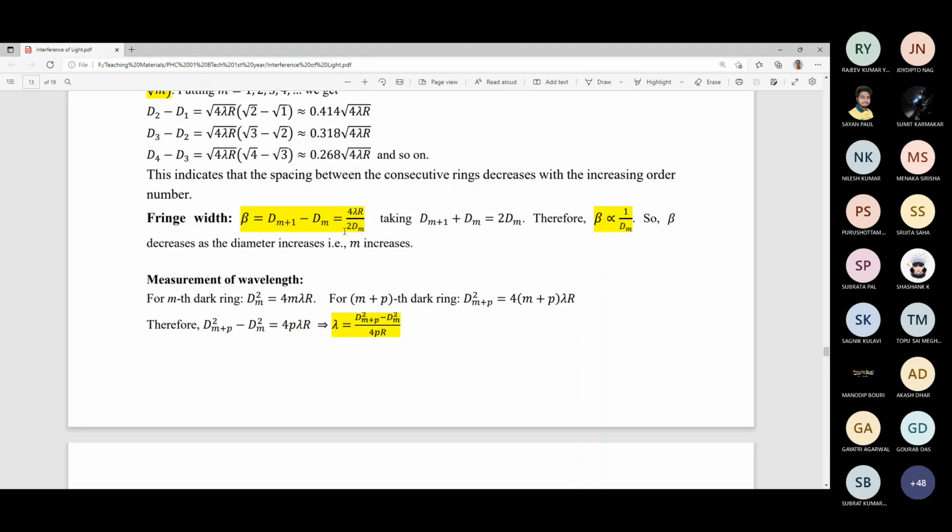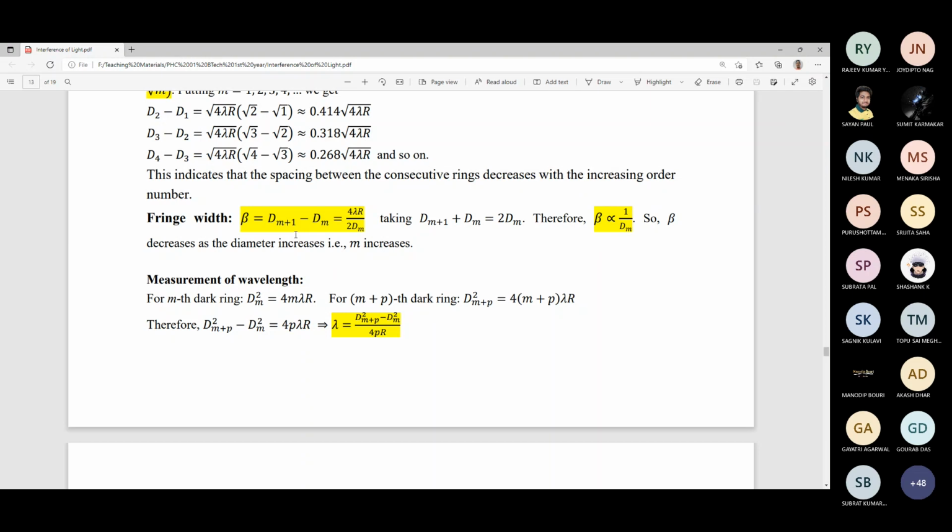Now you see here 4 lambda R and twice dm, these will be cancelled out partly, giving twice lambda R divided by dm, that is the beta. Now twice lambda R is a constant quantity, so beta is proportional to 1 by dm. So that means fringe width is decreasing with the increase of order number.